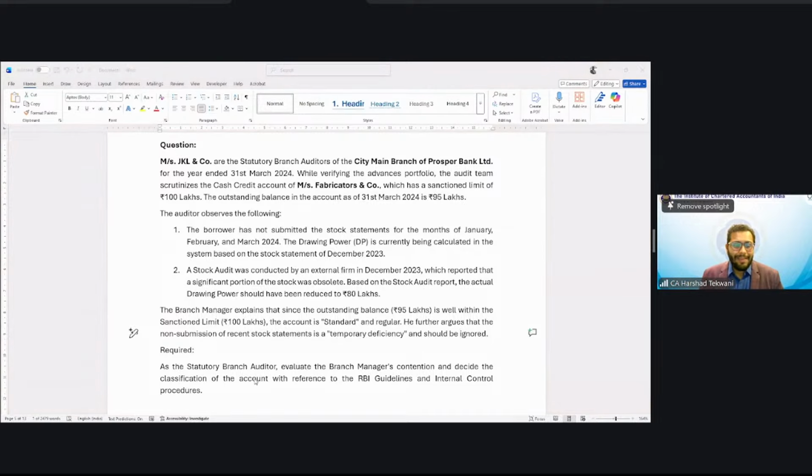So, you as a statutory branch auditor, evaluate the branch manager's contention and decide the classification of the account with reference to the guidelines that we just now saw.